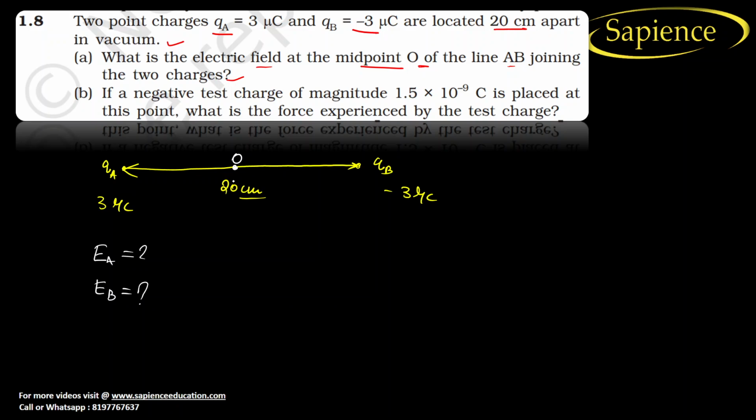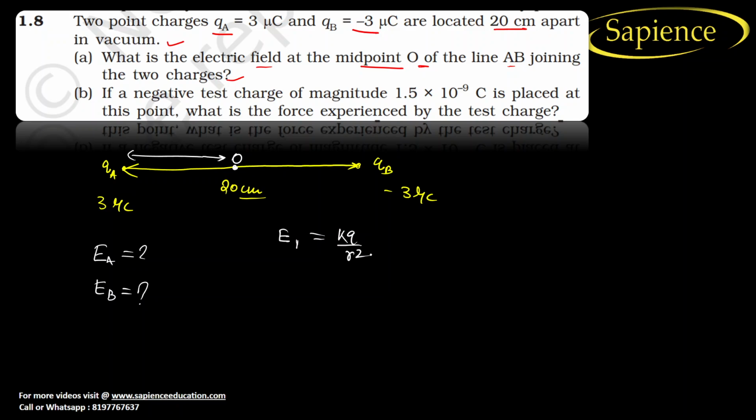So if you want to find the electric field at this midpoint, suppose the electric field at point O due to A is E1. So E1 will be equal to kq by r square.